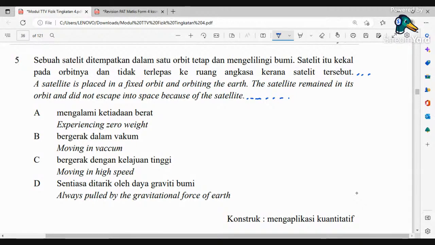No, it does not escape yet, right? Moving in vacuum? No. Moving at high speed? Also no. It is always pulled by the gravitational force of the Earth. That's why it cannot escape. Or we can say the escape velocity is not enough. It does not reach escape velocity yet. So it means it is still pulled by the gravitational force of the Earth, right?